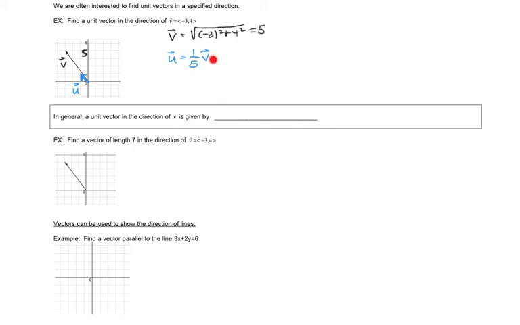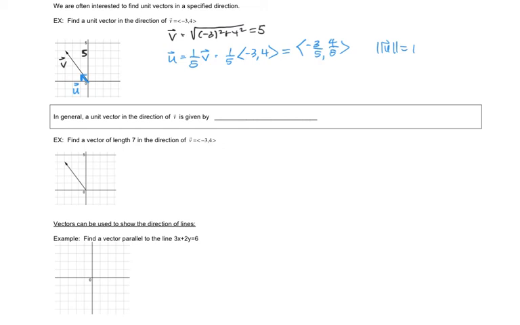If you have vector v and then you multiply by a scalar, your new vector will be 1/5 as long as the original. So that will give me one of magnitude 1. And so that's going to be 1/5 of (-3, 4), which is (-3/5, 4/5). And you could check that if you took the magnitude of that, it does in fact equal 1.